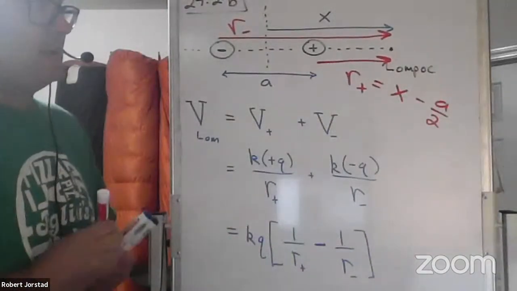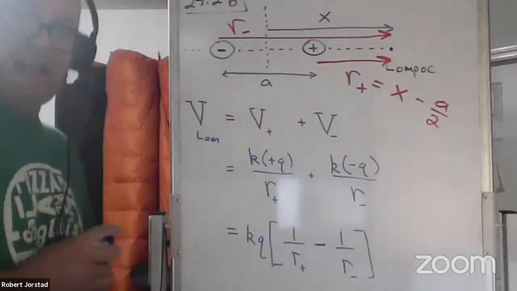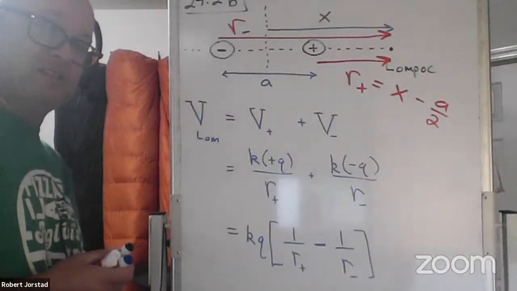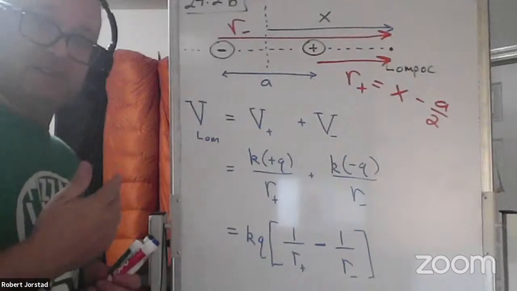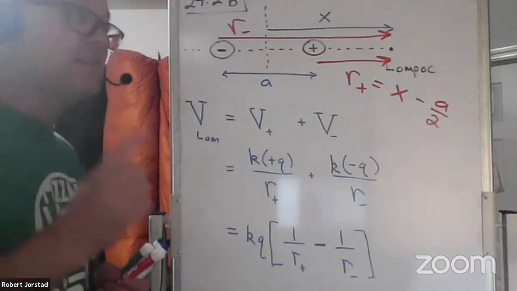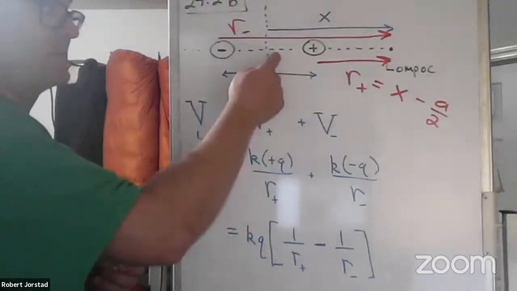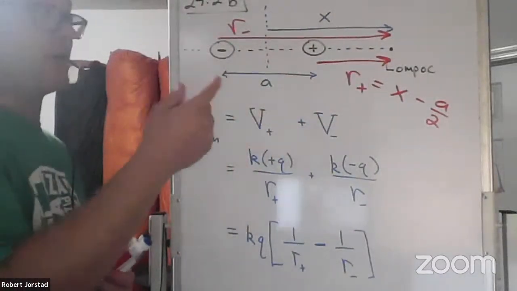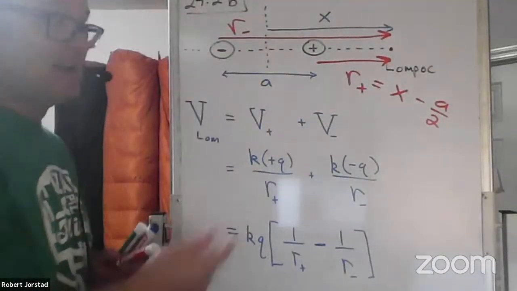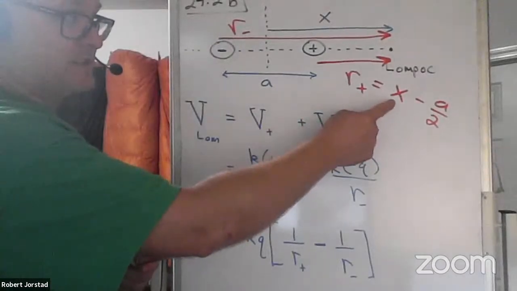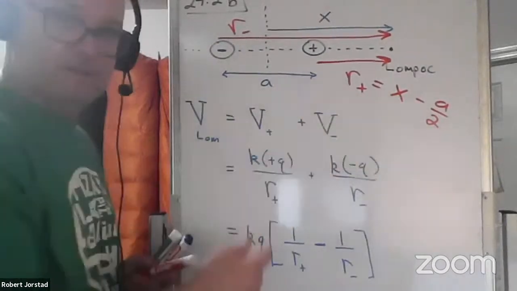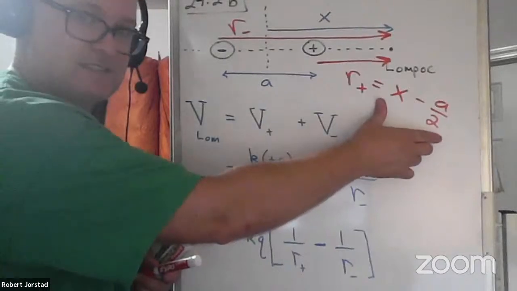Now, as far as this picture goes, that is a correct answer. And I didn't discover this until I did part C or D when I wrote this up. What if Lompoc happened to be inside of here? Or said another way, what if X was less than A over 2? Technically speaking, if X was a small number, less than A over 2, do you agree this wouldn't be a distance?